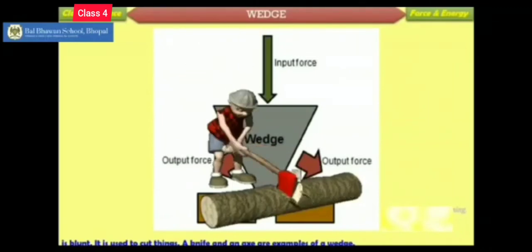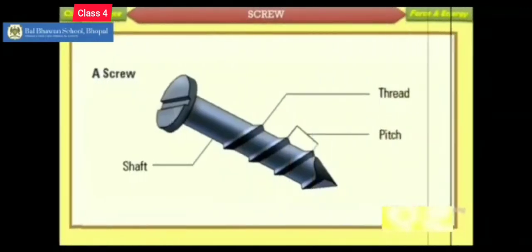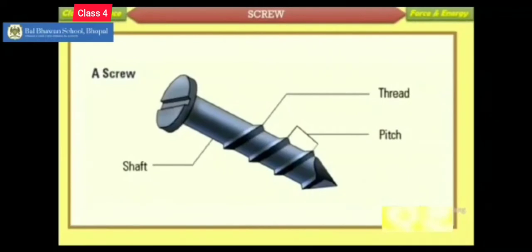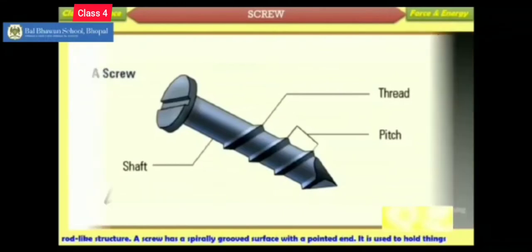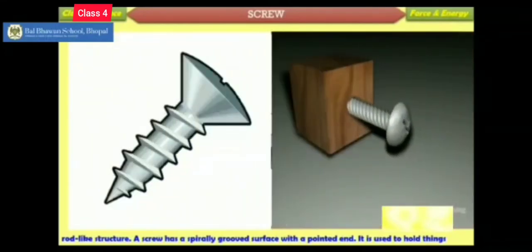Next simple machine, the last one will be screw. A screw is another type of inclined plane. It is formed when an inclined plane wraps around a straight rod-like structure. A screw has a spirally grooved surface with a pointed end. It usually holds things together.